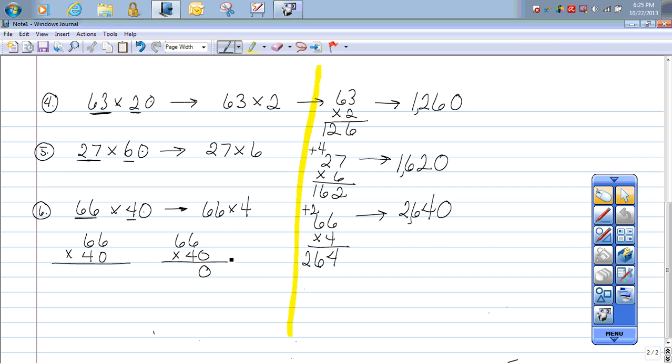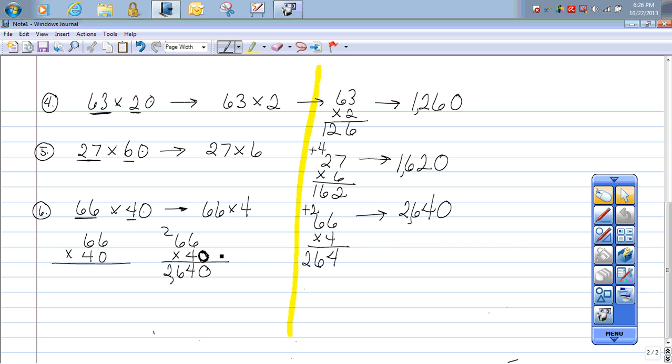You can place the 0 here and then work your math as usual. 4 times 6 is 24. 4 times 6 is 24, plus 2 is 26. And it shows that we get the same. But you can only do this when the ones place is a 0. Basically, you're just moving it out of the way so that you can put it again below and then work the multiplication fact with the 1-digit multiplying times 4.